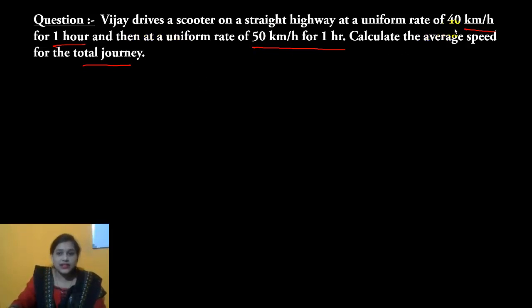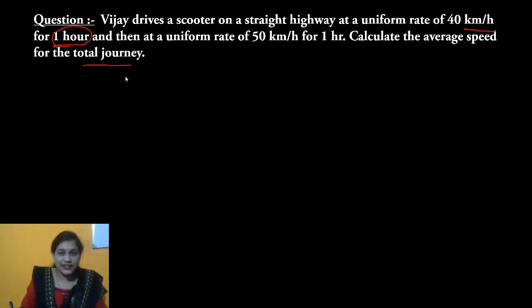Vijay travels 40 km per hour in 1 hour and 50 km per hour in the next 1 hour. What is given here? The time is given. In the previous question, the same distance was given, but here the same time is given. Then we have to calculate the average speed.